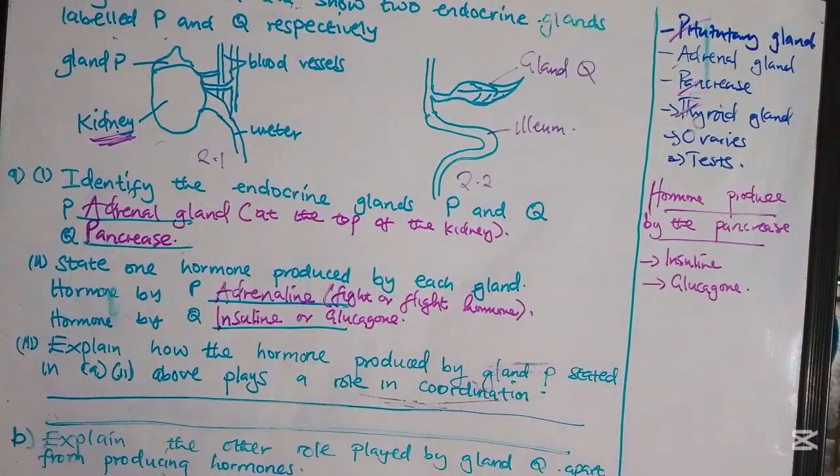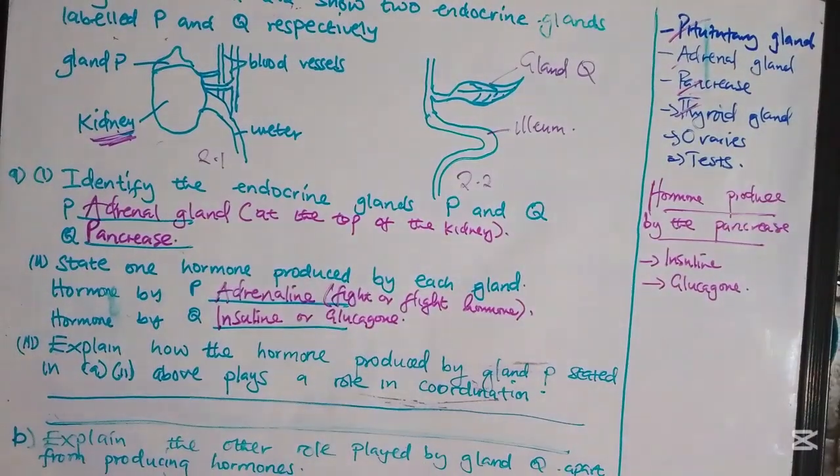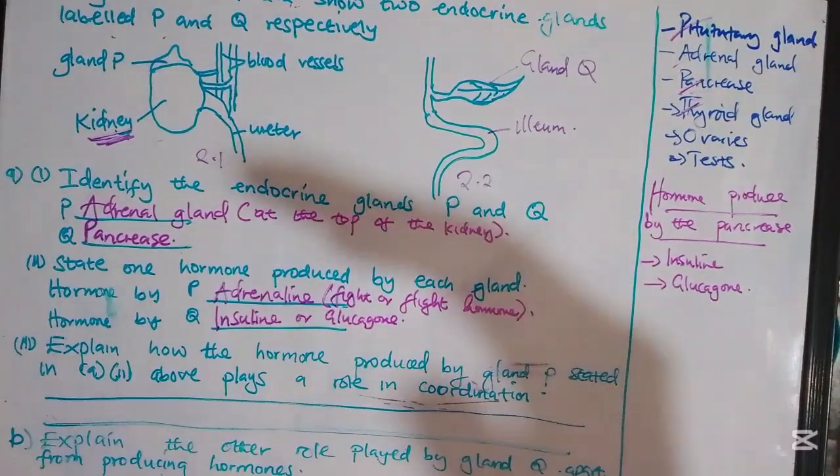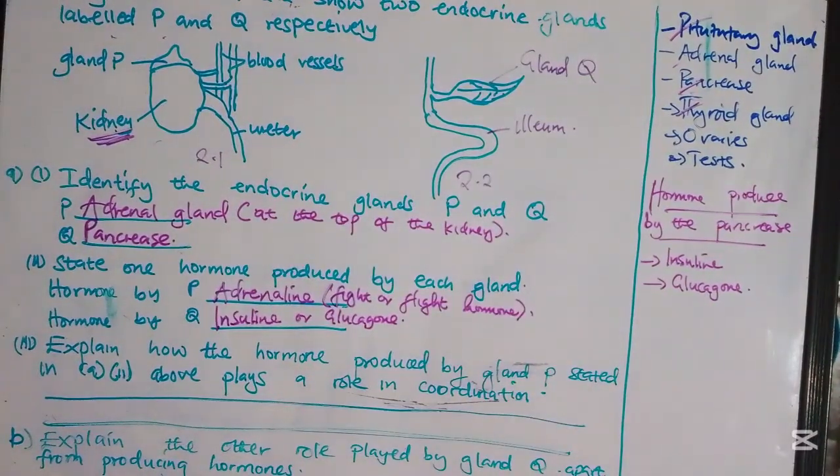We have the heart, where it increases the heart rate. We have the lungs, where it increases the breathing rate. Then we also have the eyes, where it dilates the pupil so that you are alert to danger. So these are some of the changes or the role it plays in coordination.